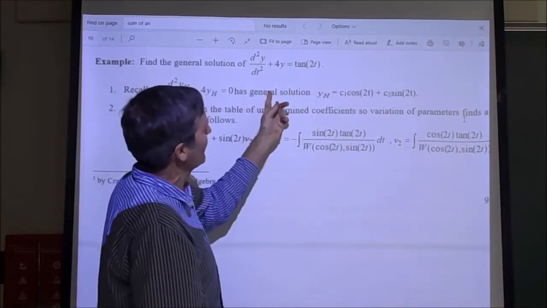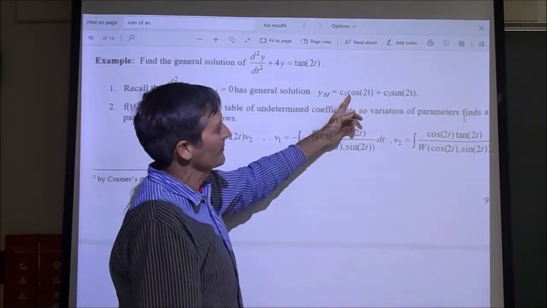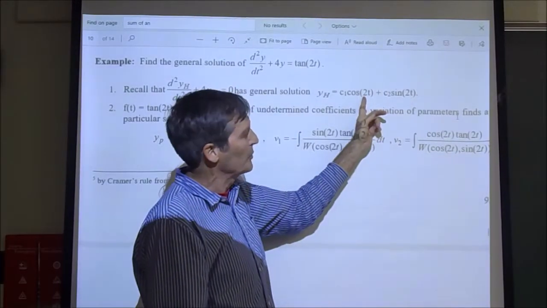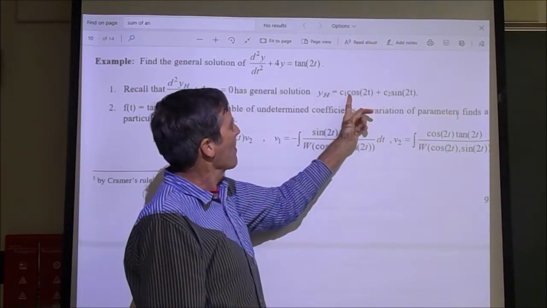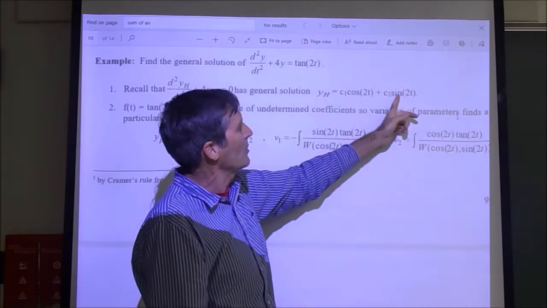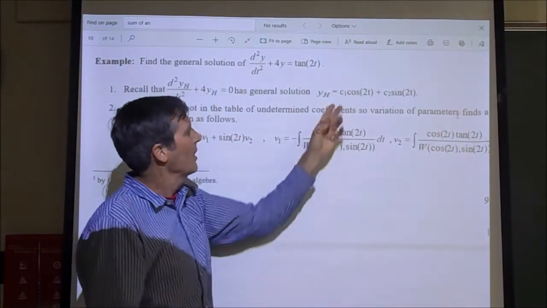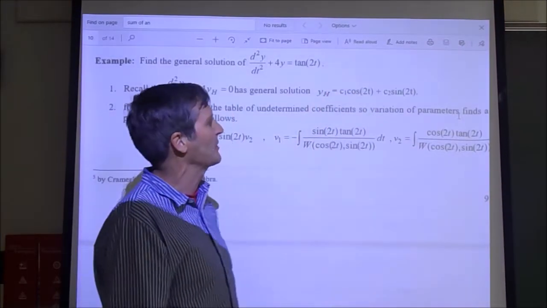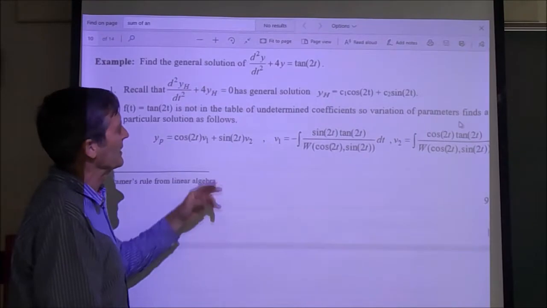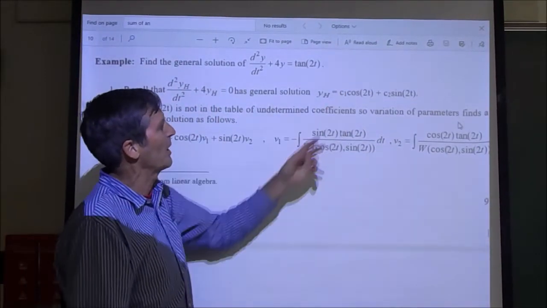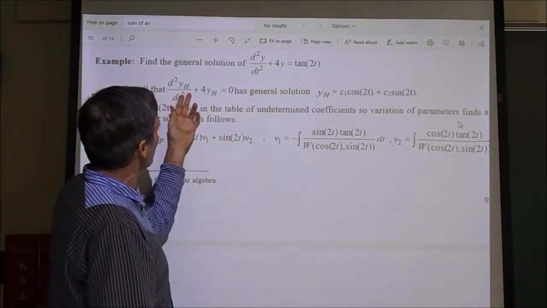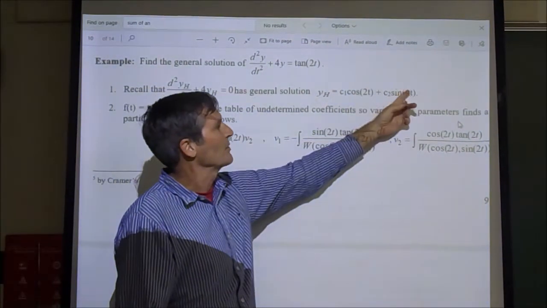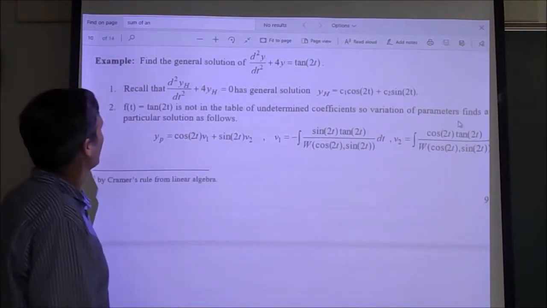So we recall that when r1, r2 are plus or minus 2i, pure imaginary conjugates, then cosine 2t and sine 2t are two independent solutions, and the general solution is c1 cosine 2t plus c2 sine 2t. I won't go through the details of that one again. That was when we solved homogeneous problems. r squared plus 4 equals 0 had solutions plus or minus 2i, and so the differential equation had this general solution.